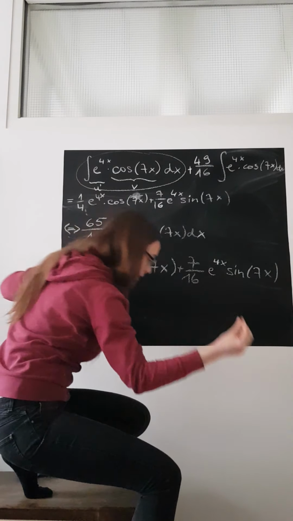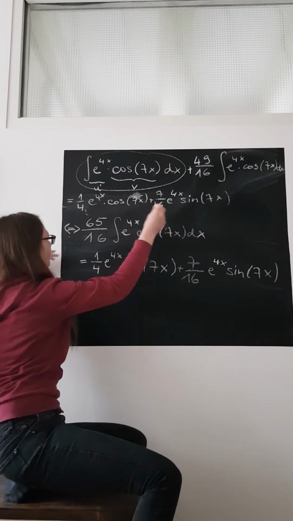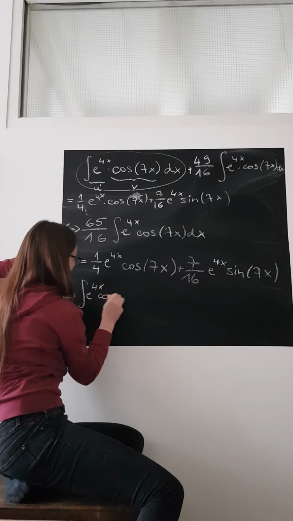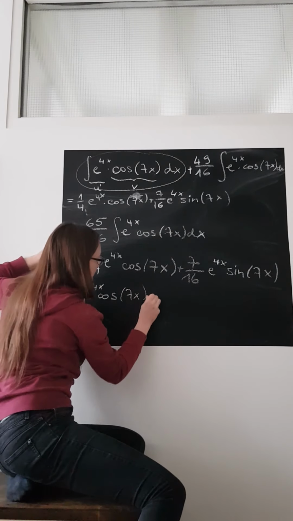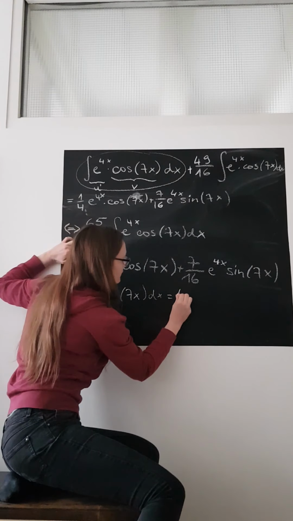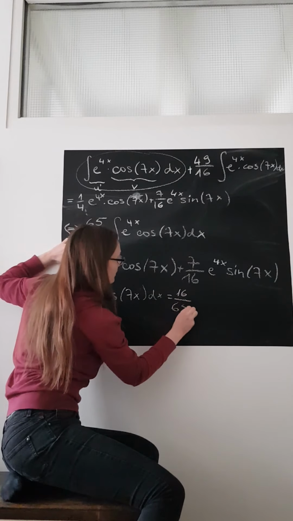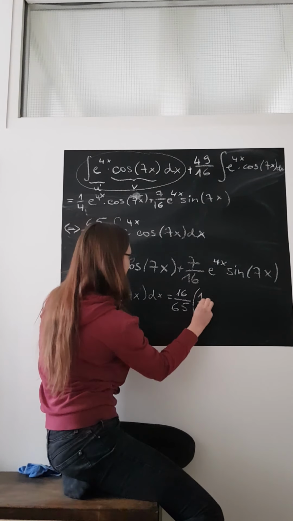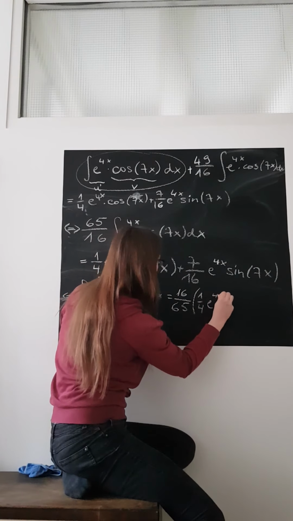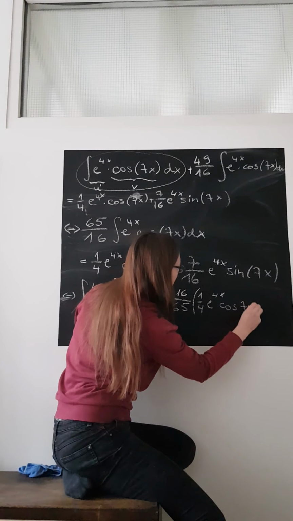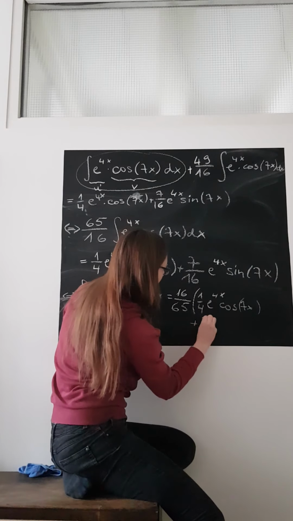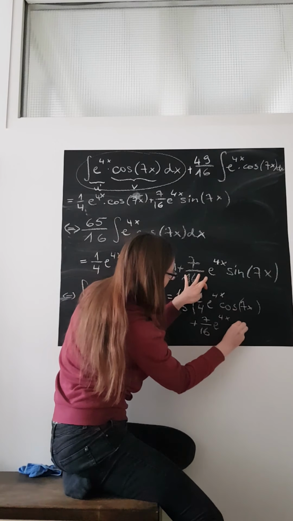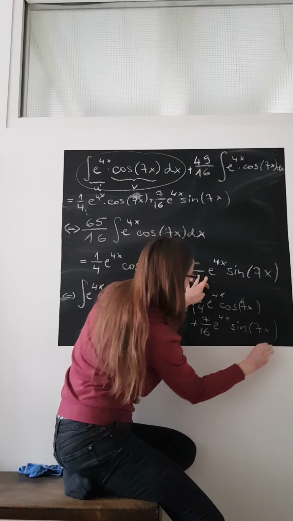Let me get new chalk. And I have the integral of e to the 4x times cosine 7x dx equals 16/65 times this, a quarter e to the power of 4x cosine 7x plus 7/16 e to the power of 4x sine of 7x.